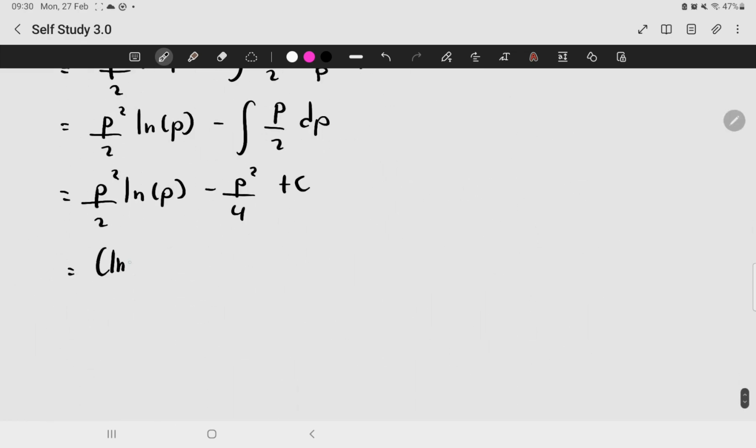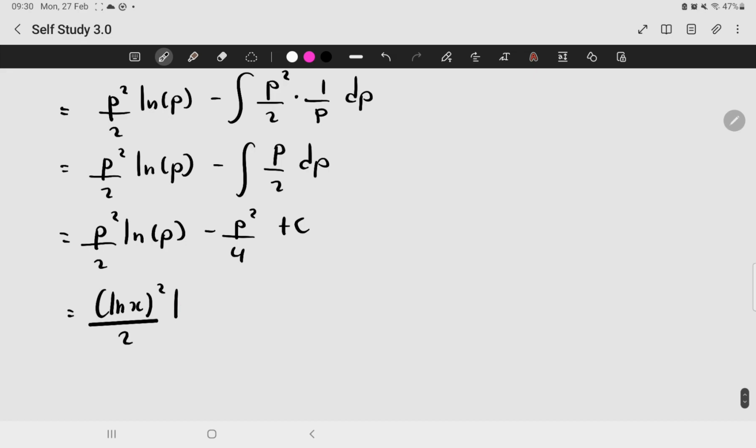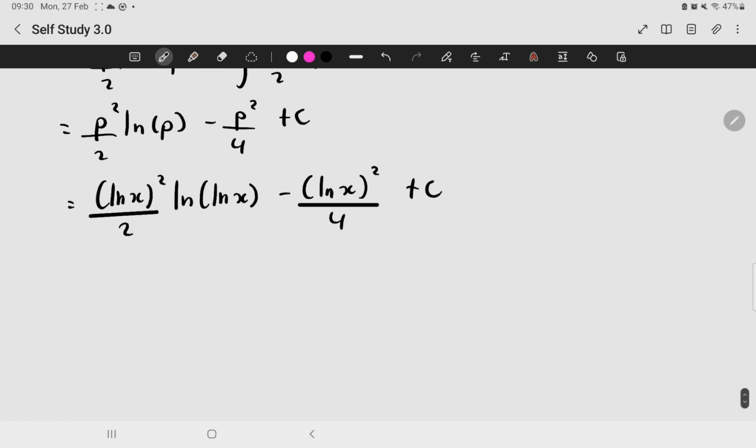So ln x squared over 2 times ln of x, then minus ln of x squared over 4 plus c. And then we can end it by factoring out ln of x with 2 as well, the 4.